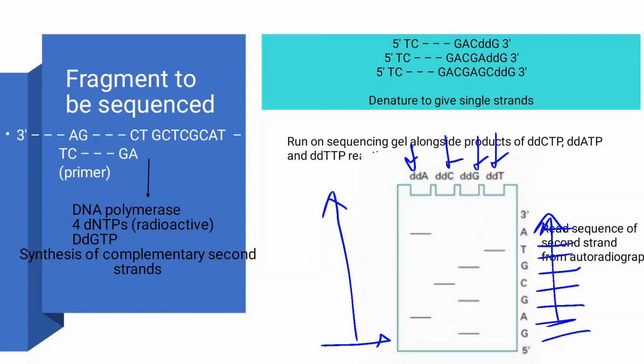It will be rising from the first nucleotide from the 5' end of the original sequence, which has a guanine base. So in manual Sanger sequencing we have to read the sequence from bottom to top.